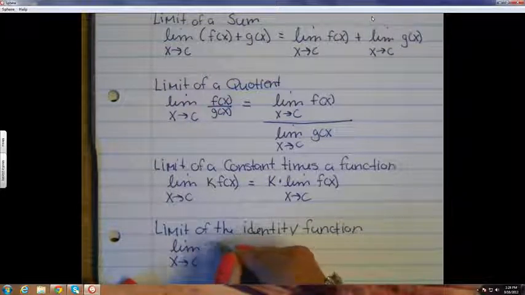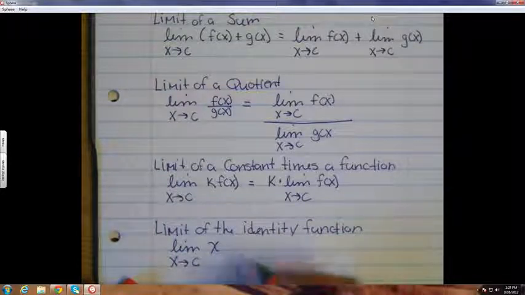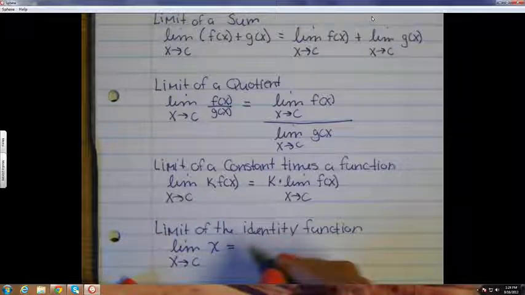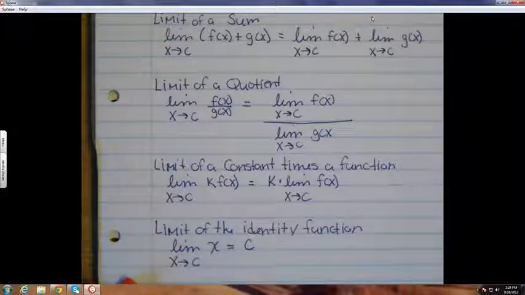So it's the function y equals x, so just x. And remember, all you're doing is plugging c in. That's equal to whatever I'm approaching, c. So pay attention to this one. We started with a limit, and we're saying it's just equal to the c value because we're substituting in. So there's no limit here.